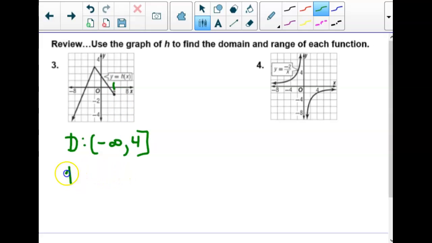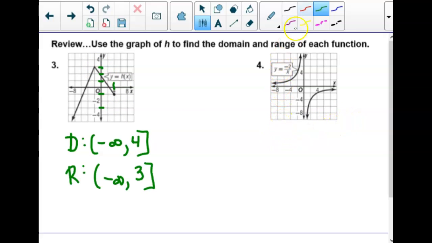What about bottom to top? Giving you wait time. What's the bottom? Negative infinity. And the top? Yeah, this is counting by ones, right? Negative 1, negative 2, negative 3. So this would be positive 1, 2, 3. And it is a square bracket unless there's an open circle somewhere.